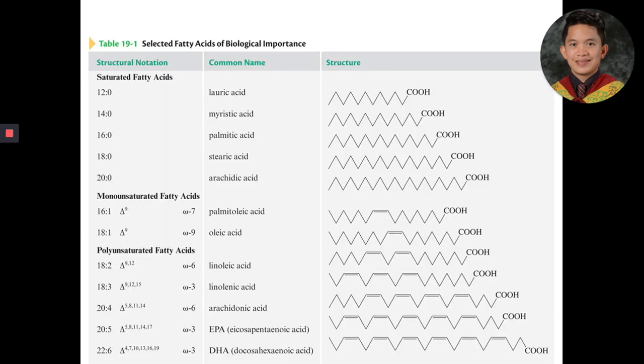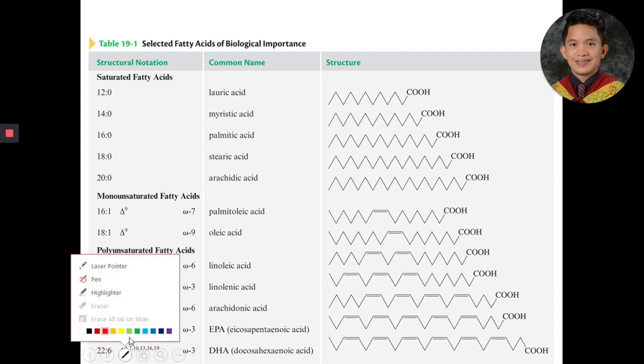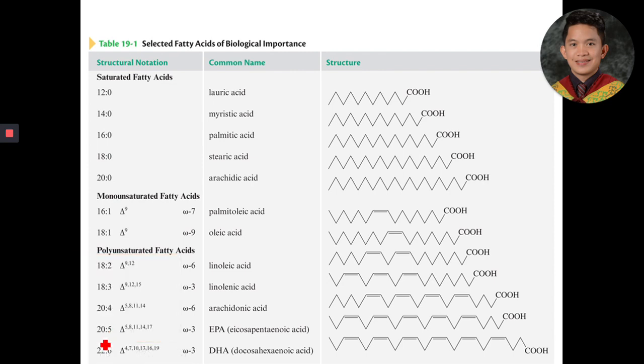Okay, so the second monounsaturated fatty acid right here is this one, 18:1. So meaning there are 18 carbons and 1 double bond. Now where is the double bond positioned? Take a look at the delta notation.